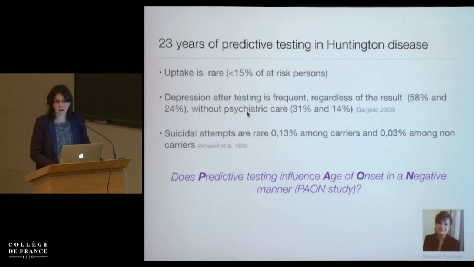We know also that testing is not something we do without consequence. People are depressed after testing, whatever you do, and even a long time afterwards, but independent of the result, whether they are carriers or not. We can talk about this if you're interested. And the question people always ask you is, does the fact of doing the test, of knowing your status, make you start the disease earlier?